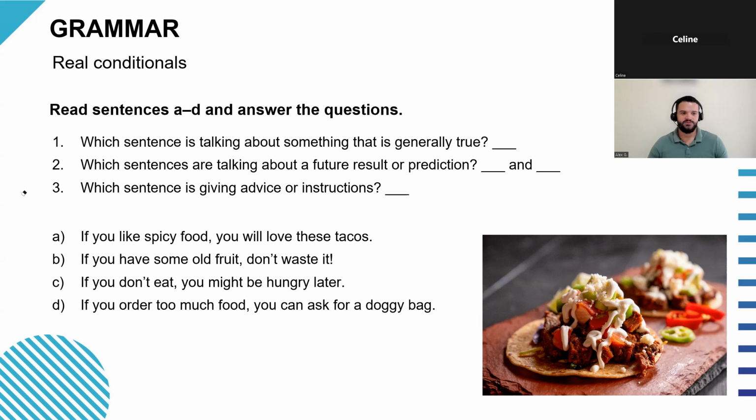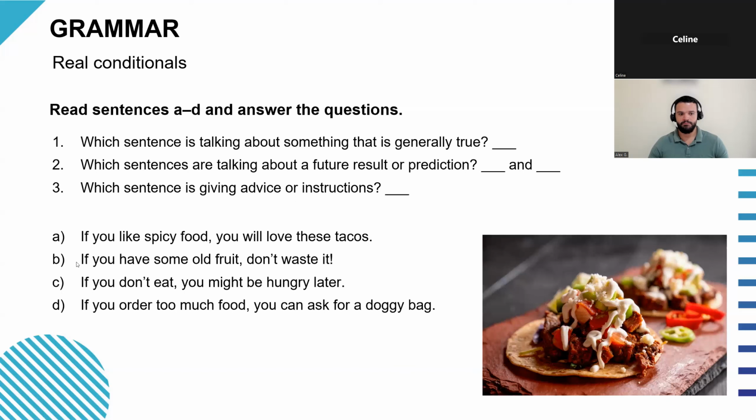All right, Celine. So which one do you think this is? A is 1, 2, or 3? If not, we can continue and we can come back and complete it later, okay?